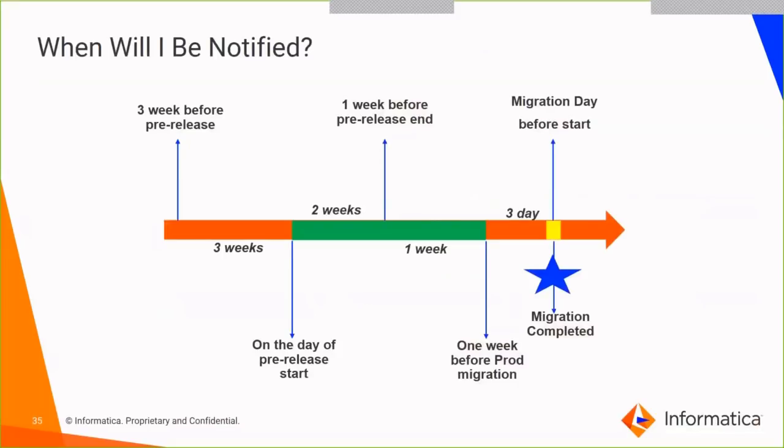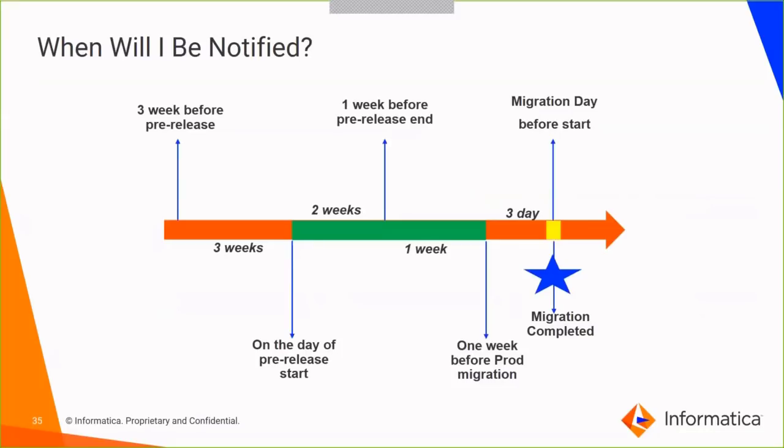Most importantly, the process of migration is very similar to the upgrade process. That means in the past, for every upgrade, you have received a series of notifications from Informatica Global Support, and the same set of notifications will be coming to you.